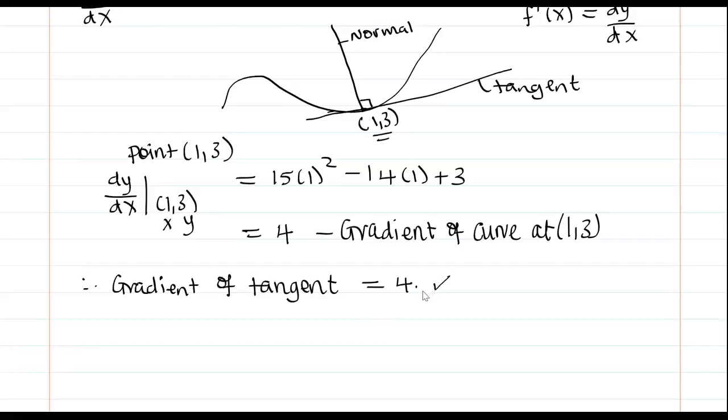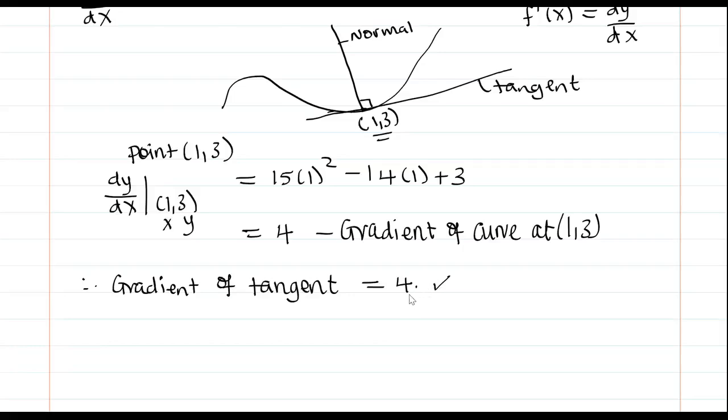Now, remember, a tangent is a line. And if we know the gradient of a line and one point on that line, then we can find the equation of that line.